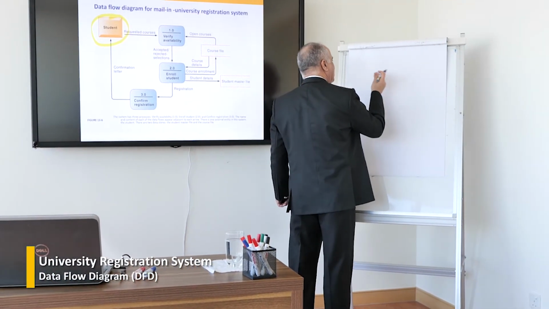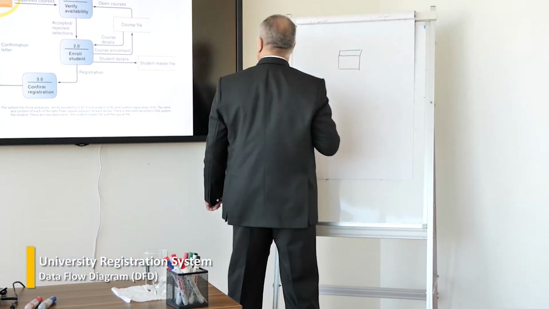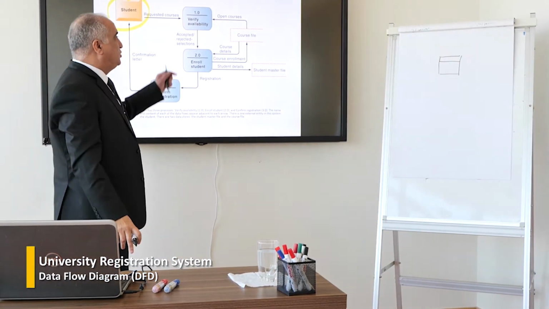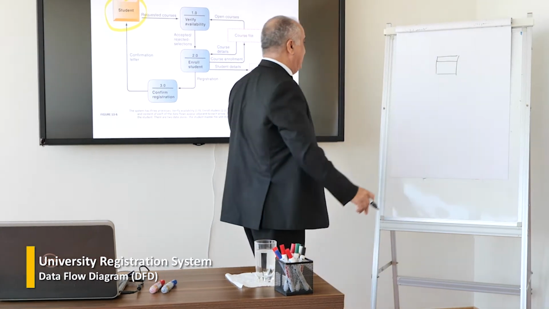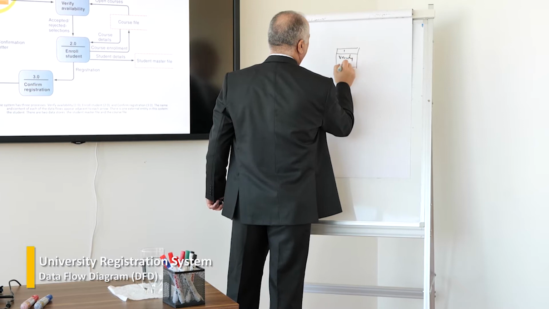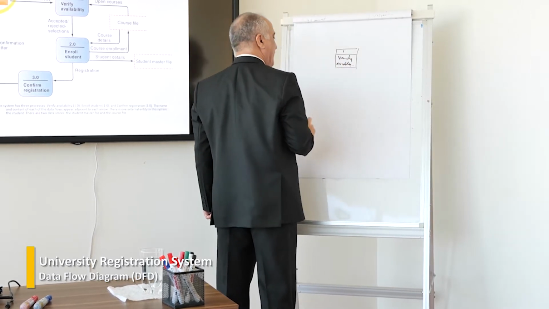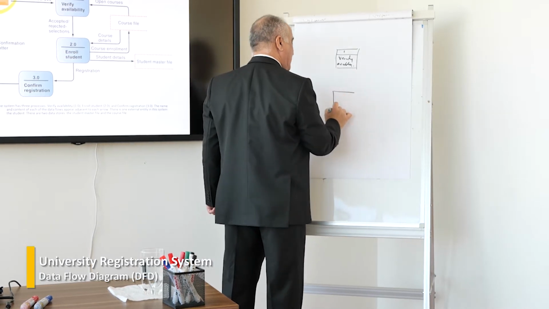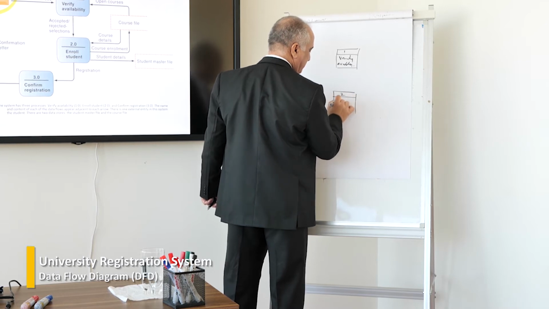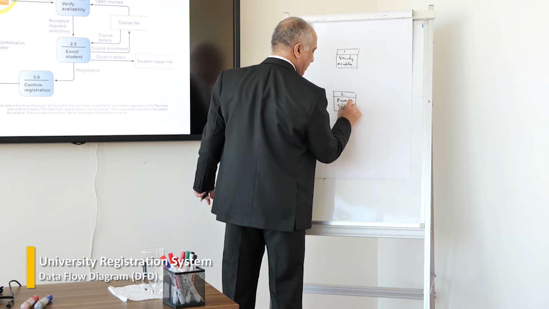To do that, it is very simple. In this example we first need to identify the processes. We are now doing a data flow diagram for student registrations for a university. One process is verify availability of the course. Another process is enroll the student into the course.